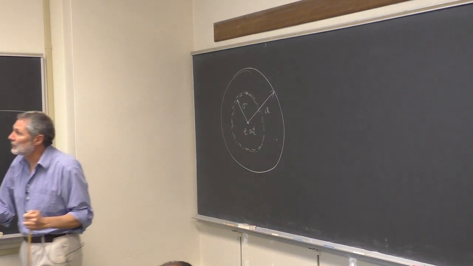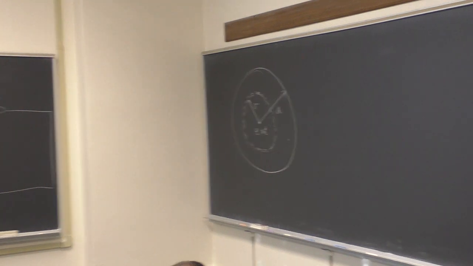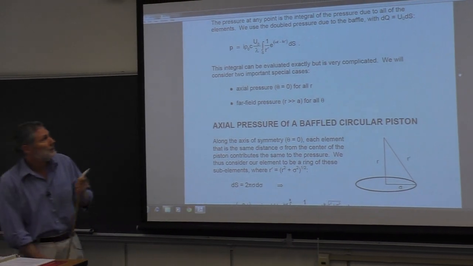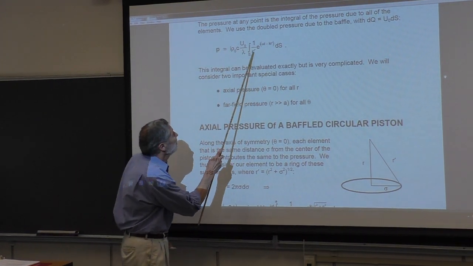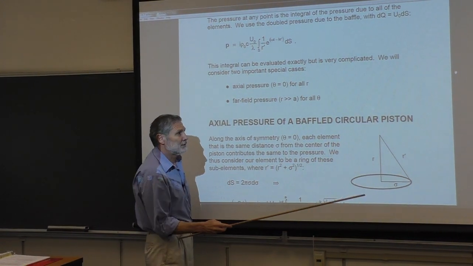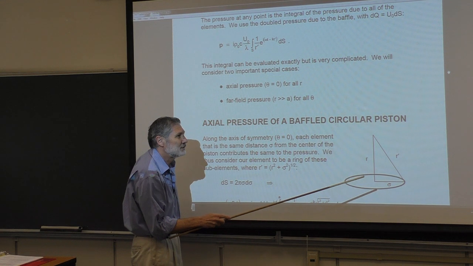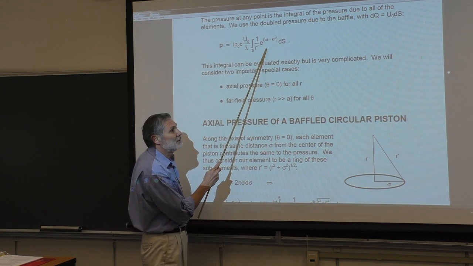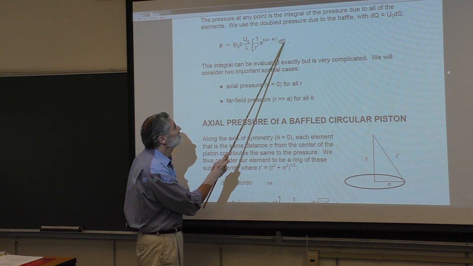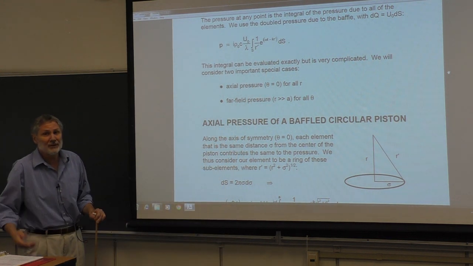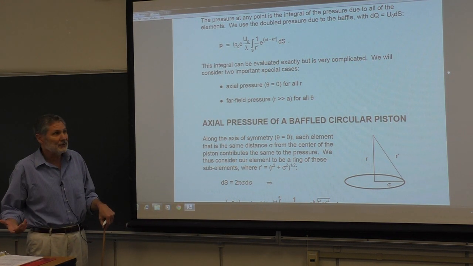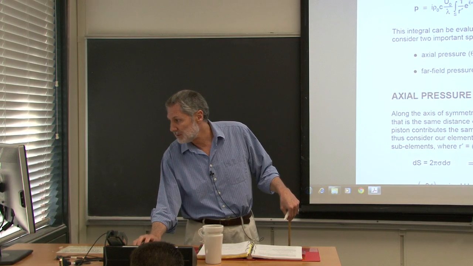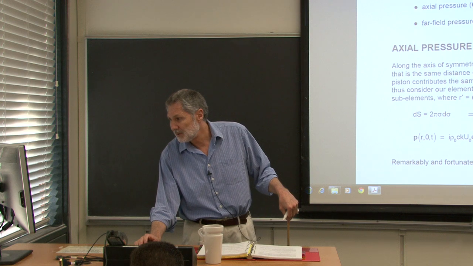We can use this formula immediately. Now, because on that ring, the r prime values are the same, we might as well just go ahead and do the first integration. Essentially, that's what we're doing. Take dS to be that area between the dashed lines there. So here we have it.